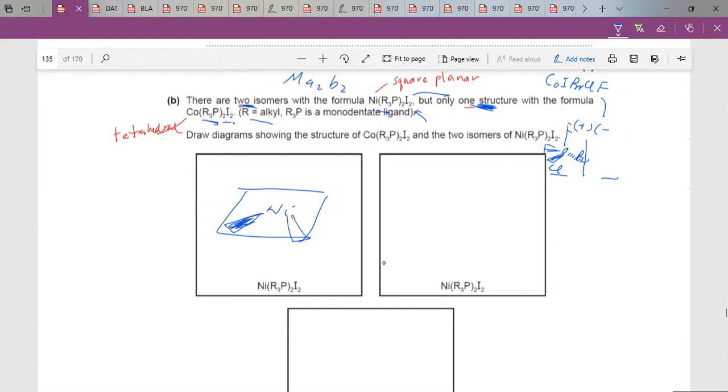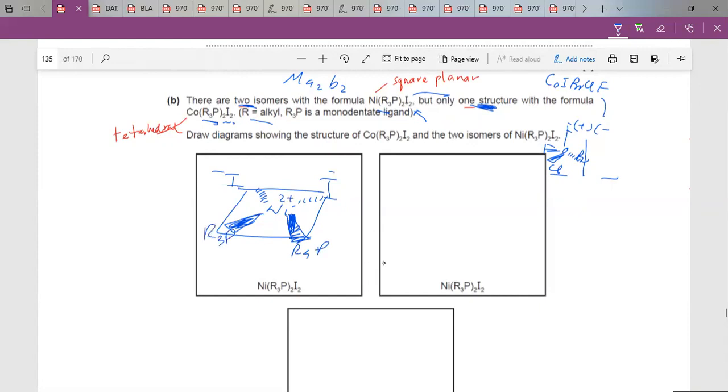Remember, always practice. Perfect practice makes perfect. Remember, put I here and I here. Nickel 2 plus, and this is your R3P.